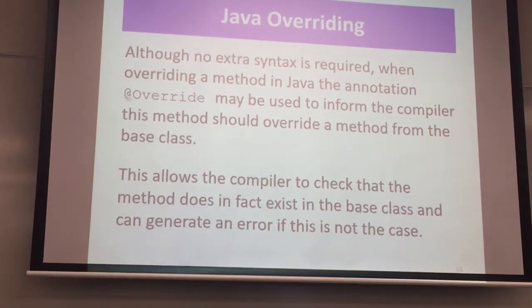So as you will see here, the symbol you use, the at sign, followed by override, helps the compiler to check that there is a method in the base class with the same name, and you are indeed providing overriding.